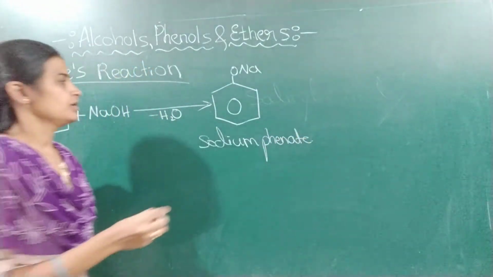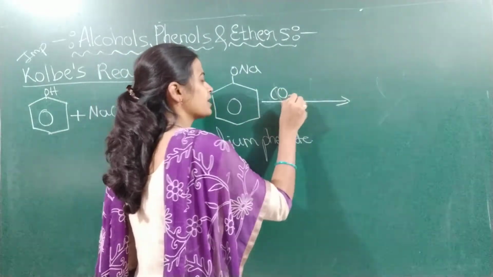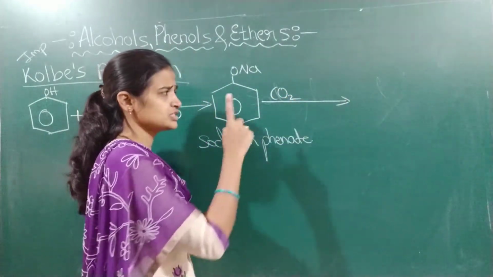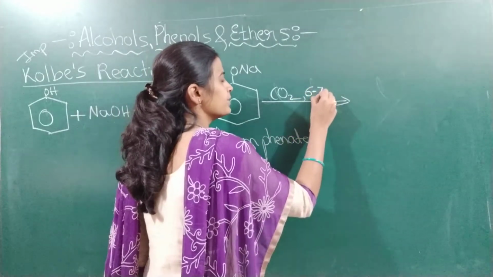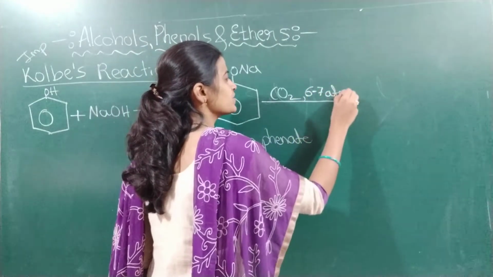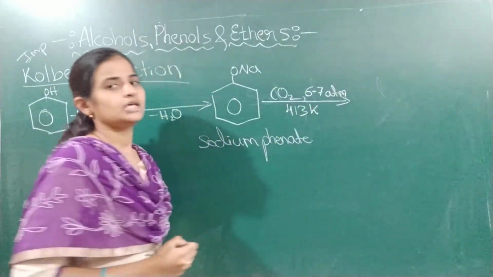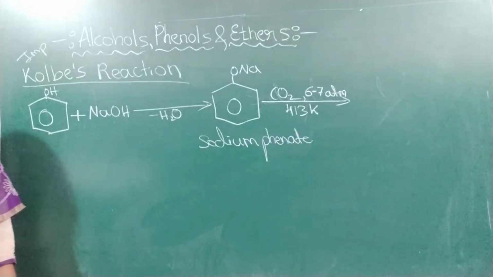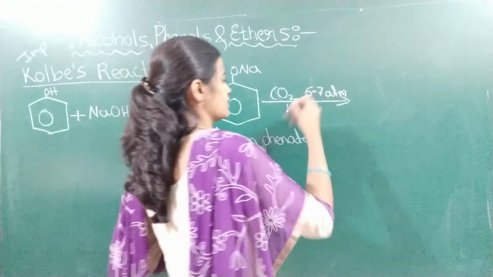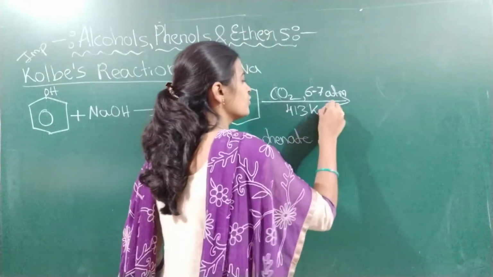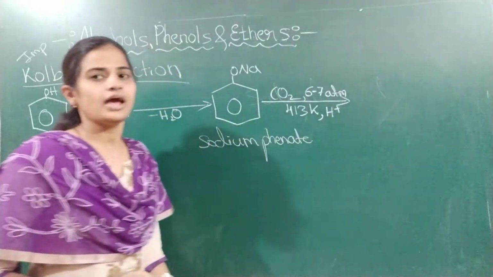When the sodium phenate is treated with carbon dioxide by maintaining 6 to 7 atmospheric pressure and applying 413 Kelvin temperature, these are the conditions which you should know, followed by acidification.